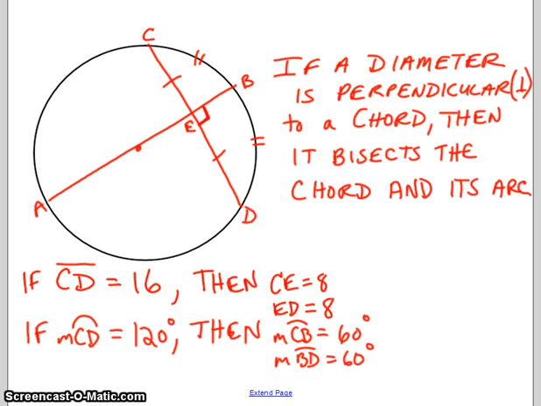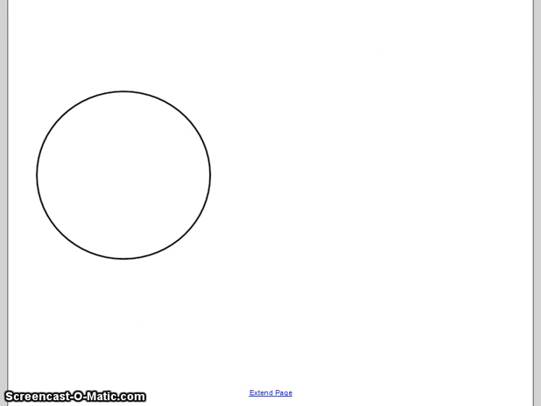Oops, went backwards. All right, last rule with chords is we have two chords. Let's make this a little better. And we have the center. And if the center is equidistant from the two chords, then the two chords are congruent.